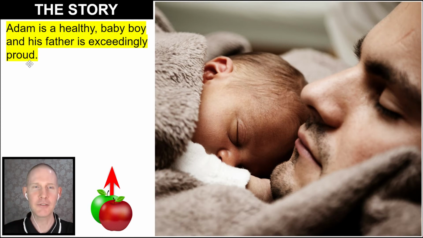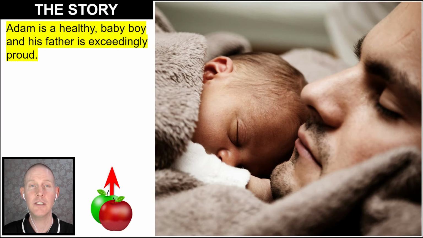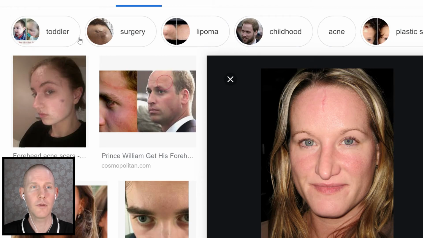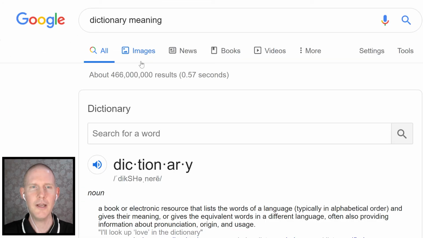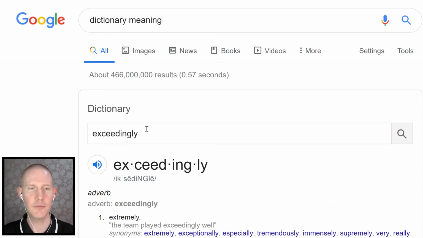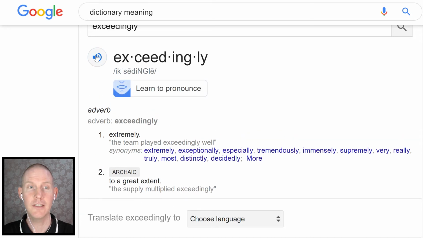Okay, let's see. So let's look up the word exceedingly in the dictionary, and we'll see if we can see some synonyms which give us a nice idea of what the meaning is. So goodbye, people with scars. Hello, exceedingly. Let's put it in. Okay, and let's hear the pronunciation. Exceedingly.